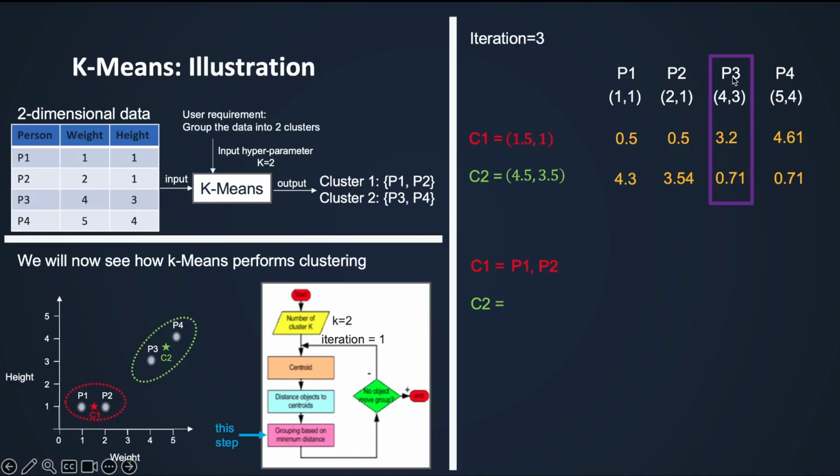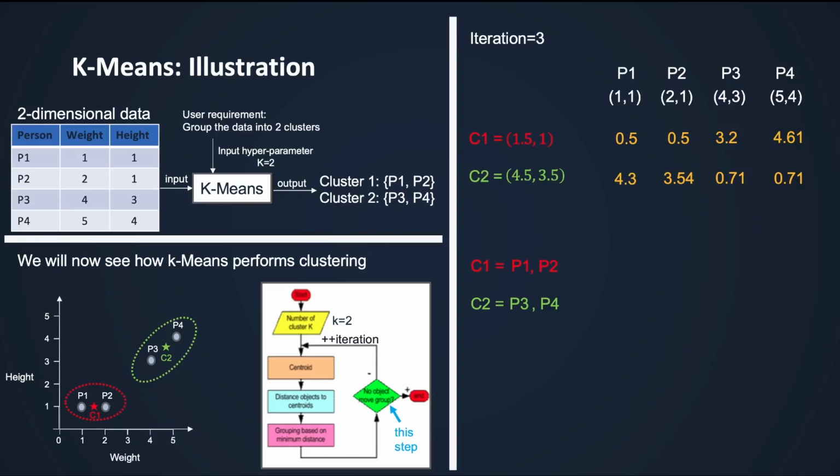When we talk about P3, we can see that P3 is close to C2, so P3 will be assigned to C2, and then P4 will also be assigned to C2. After assigning points to each cluster, we move to the final step and check whether we have to end the algorithm or continue one more iteration.